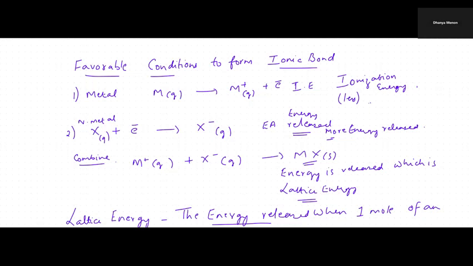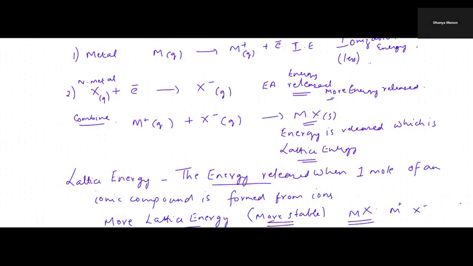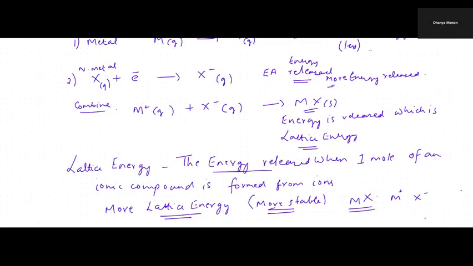The lesser the energy provided, the more stable the system. Second, a non-metal needs to gain an electron to form a non-metal ion, and in this process energy is released. Electron affinity is the amount of energy released when 1 mole of gaseous atoms accepts an electron.